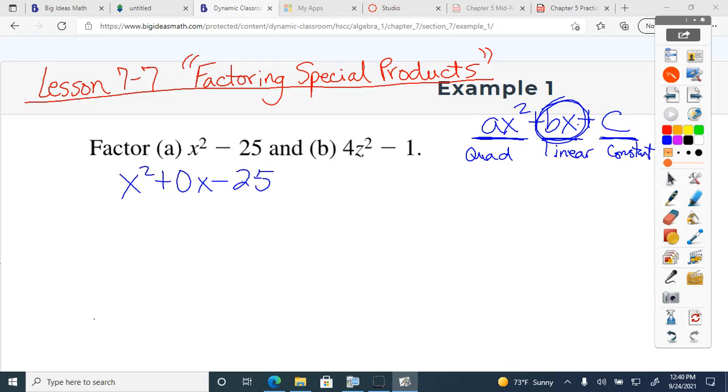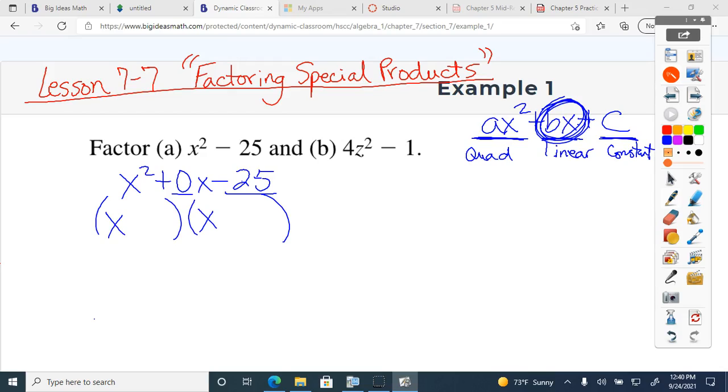You would factor it like you always have. You're going to figure out two numbers that multiply to be negative 25 but add up to 0, because nothing's there. If there is no linear term, b had to have been 0, because there's no x anymore. Does that make sense?